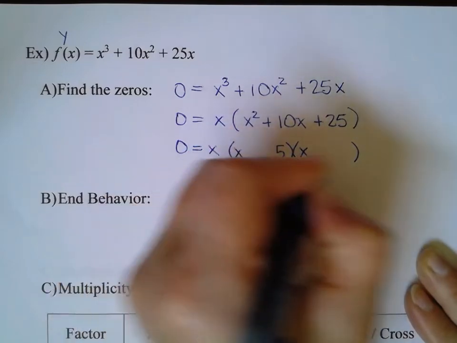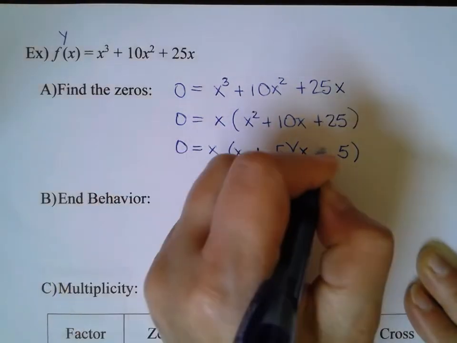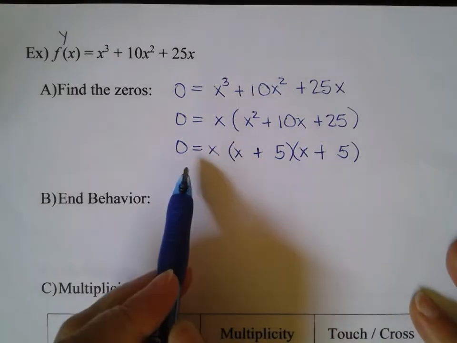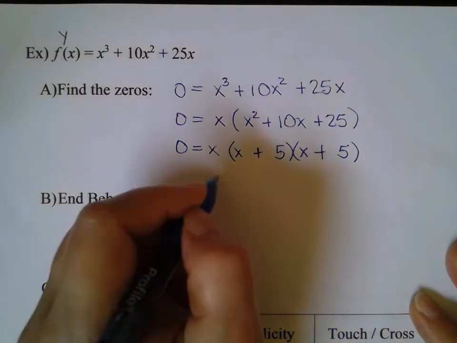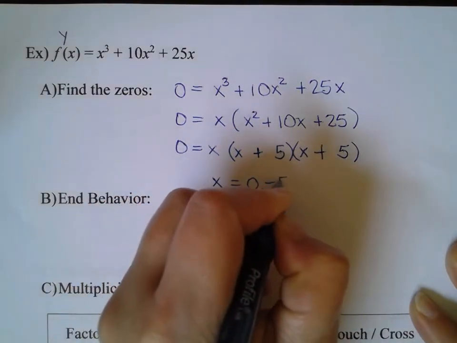So 5 times 5 gives me 25, and 5 plus 5 gives me 10. So I get 2 x plus 5s here. So if I set each part equal to 0, I'm going to get x equals 0 and x equals -5.